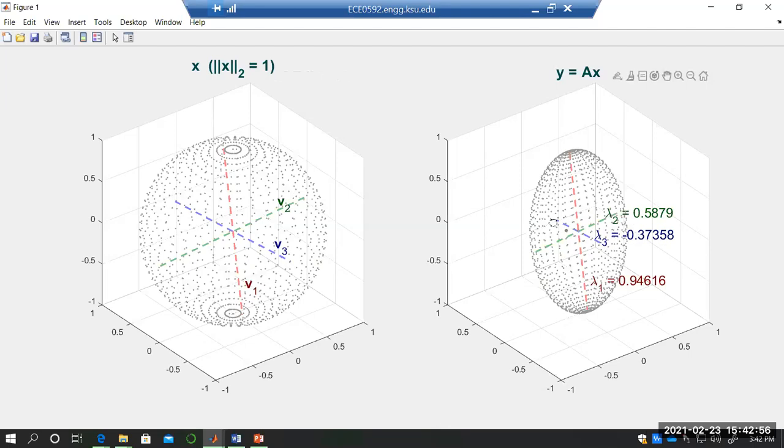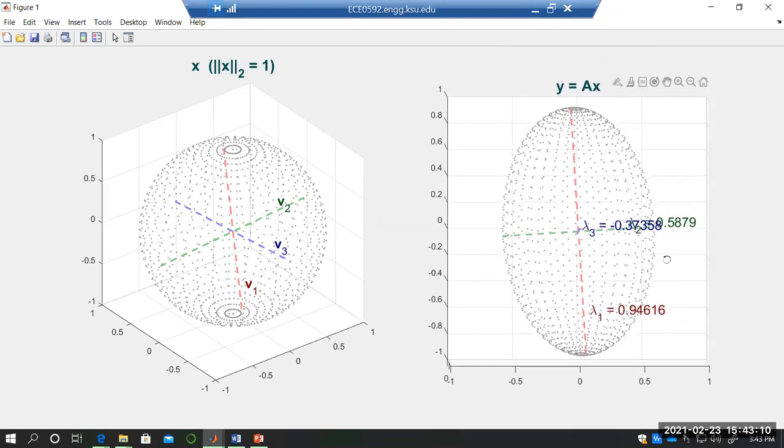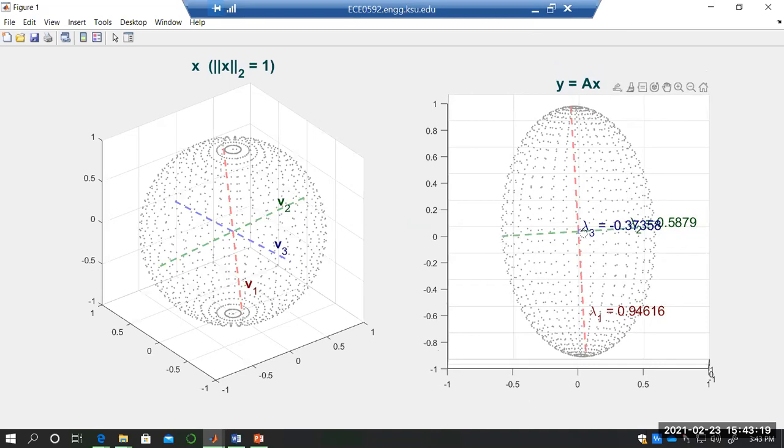So you see the amount of stretching here, what's the length of this vector from the origin to this? About 0.37. Okay, and if we change the perspective here, we can see that. Do you see that? This length is approximately 0.58, from the center, the origin is the center of this hyperellipsoid, to this point here.